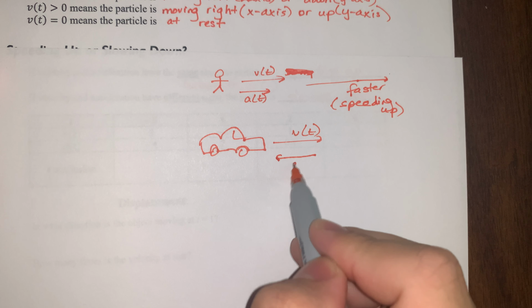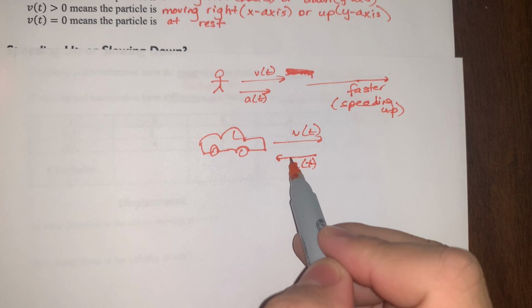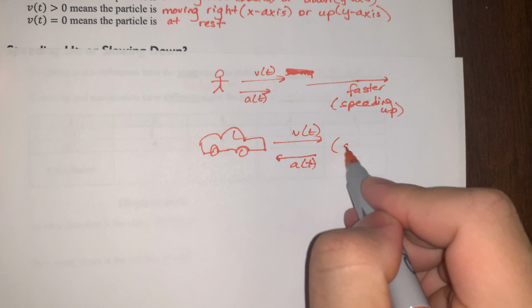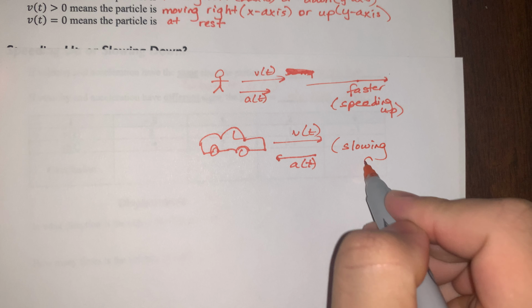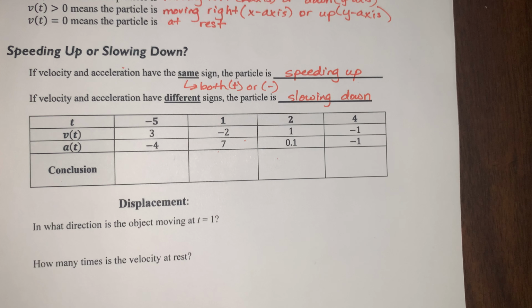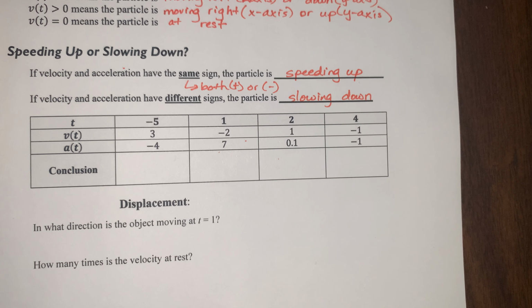Sure, you have momentum with your velocity moving you forward, but the acceleration is going to counteract the direction of the velocity, and you're actually going to be slowing down. I don't know if those visuals helped you, but long story short, if the velocity and acceleration have the same sign, then you're speeding up. Different signs, you're slowing down.